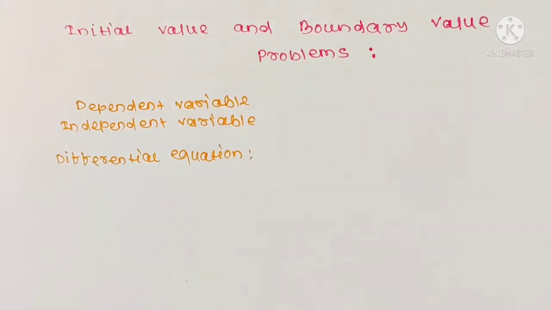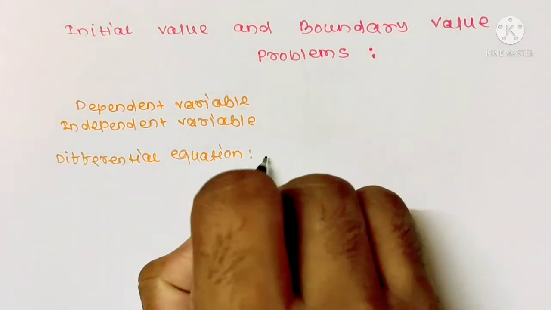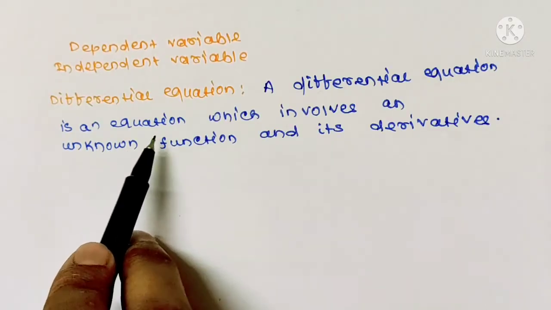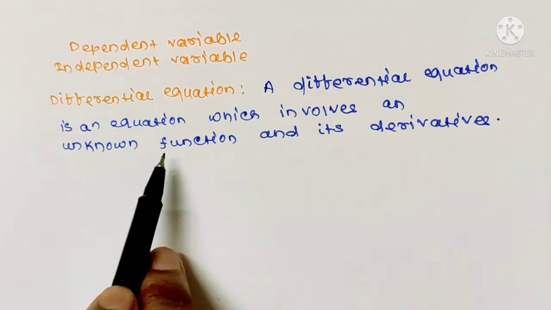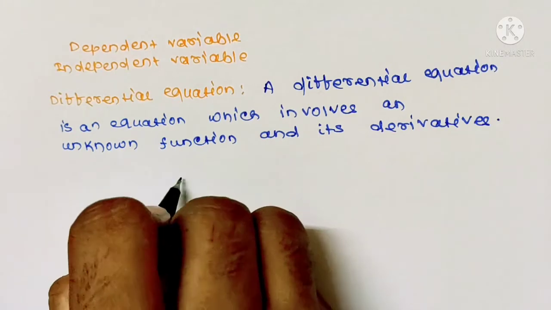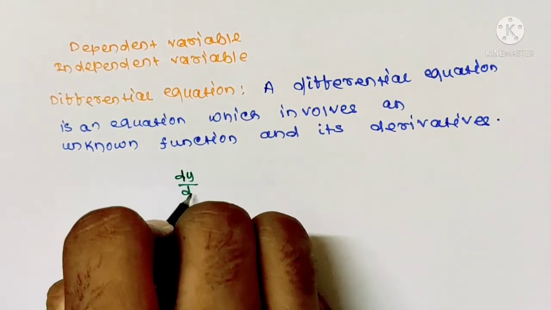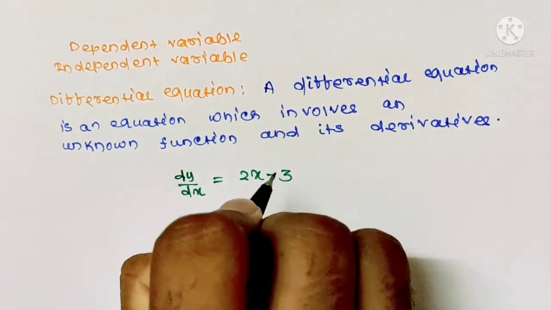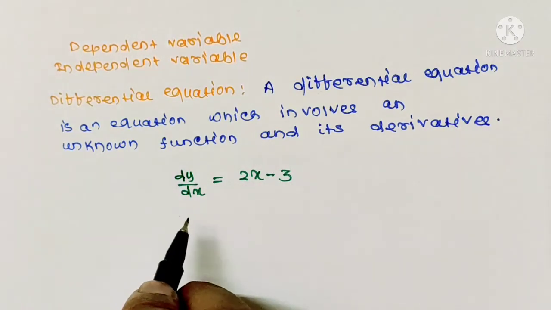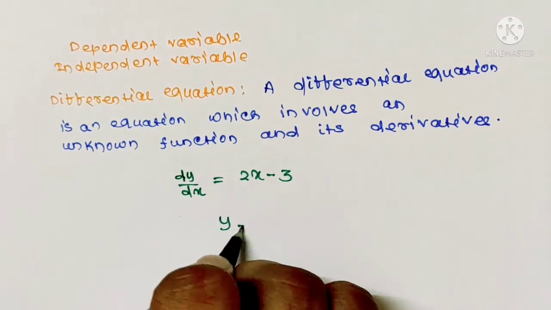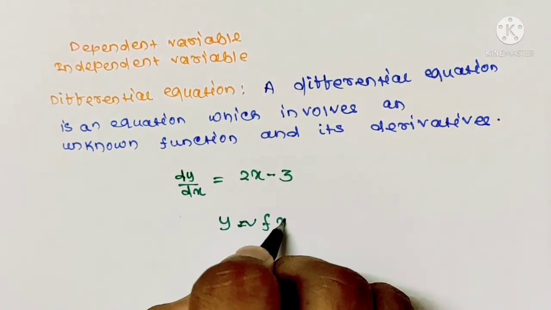As we know, a differential equation is an equation which involves an unknown function and its derivatives. For example, a differential equation is dy by dx equals 2x minus 3. Here, the unknown function we are referring to is y, which is a function of x.